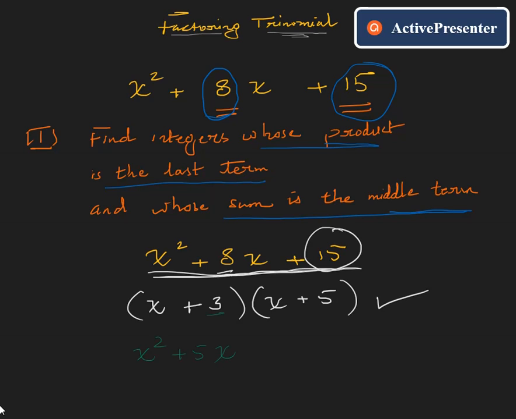Now 3 multiplied by x is plus 3x, and 3 multiplied by 5 is plus 15. 5x and 3x are like terms, so we get x squared plus 8x plus 15. This implies that our factoring is correct.